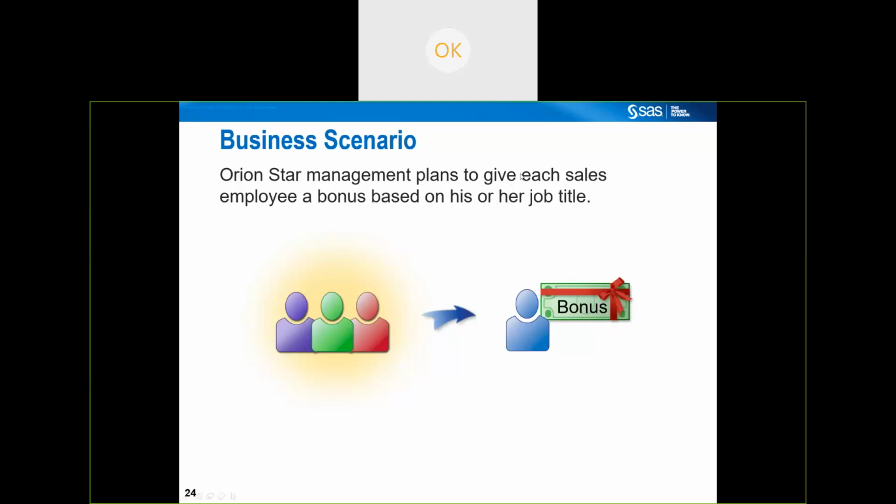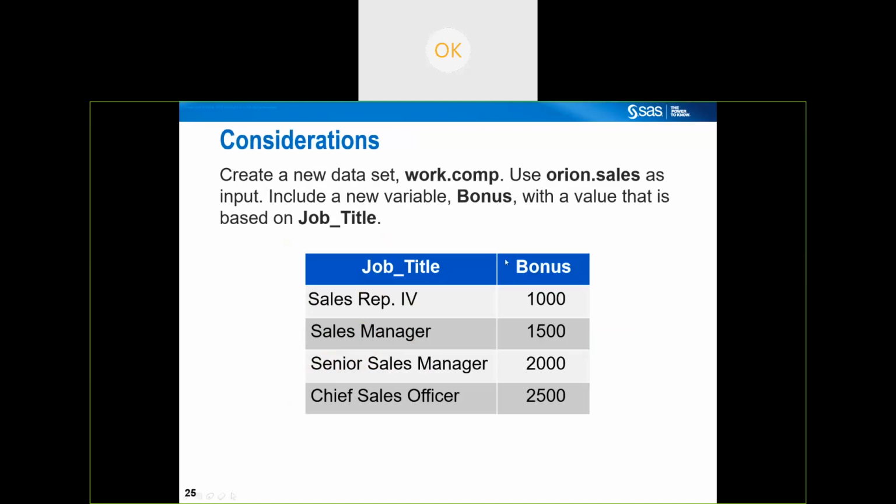So what we do is we have to use, for example, this is our consideration, if else. We give a specific amount of bonus, a different amount of bonus.